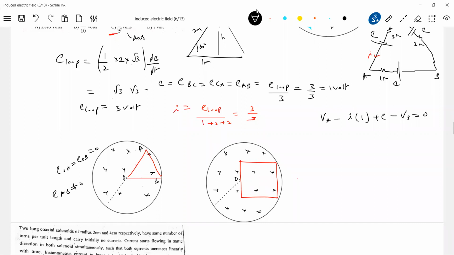What about EMF induced? So this is A, B, C, and D. About AB, BC, and CD will be non-zero. EAB will be 0, whereas other things will be non-zero. EDC or ECD, just EMF we are calculating that one.